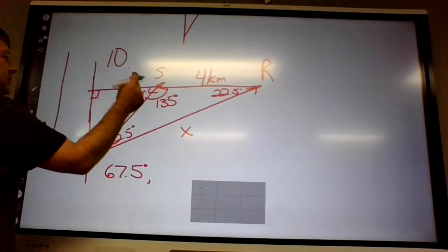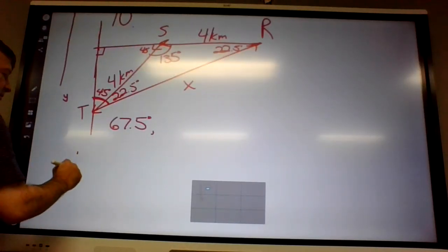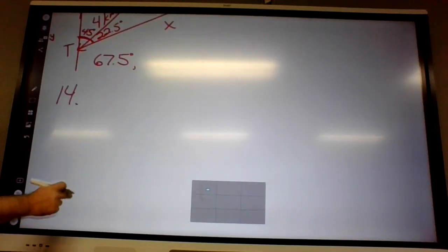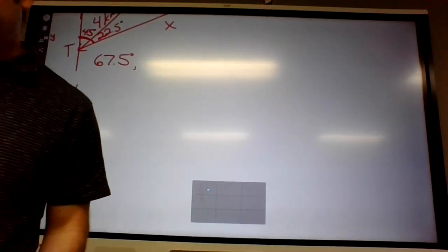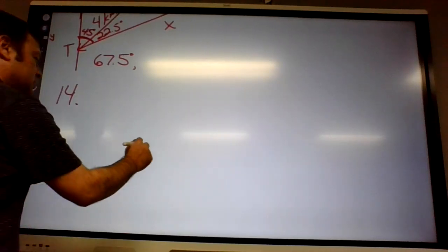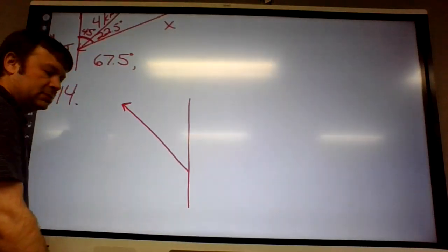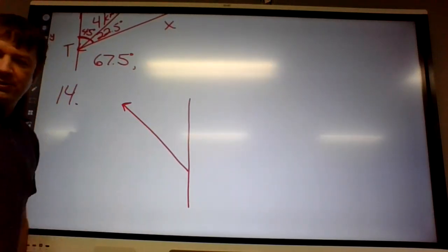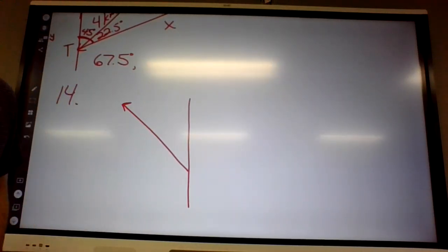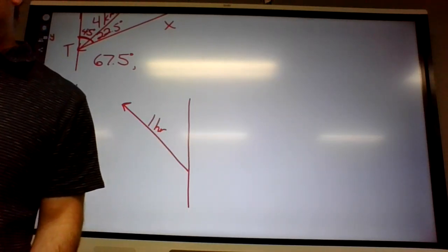This is number 10. Okay, 14, you said, right? I'll start drawing. A ship leaves port and sails northwest for an hour. Does it say how fast they're going? No. 1 hour. Then northeast for 2 hours.